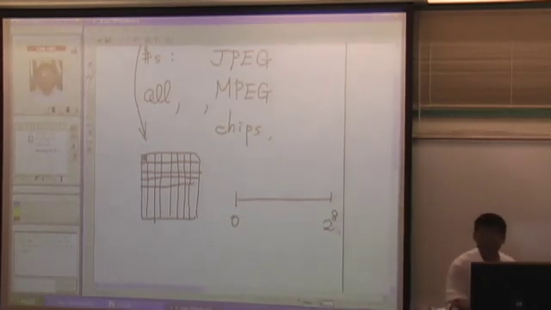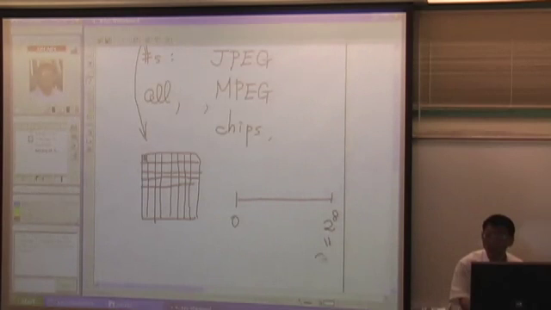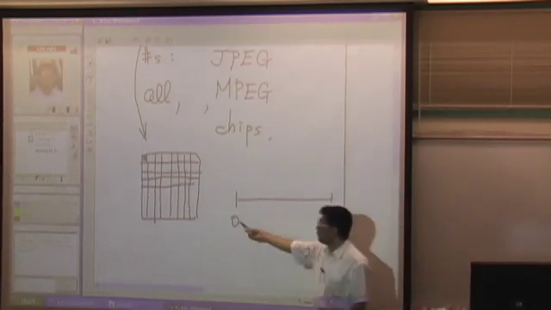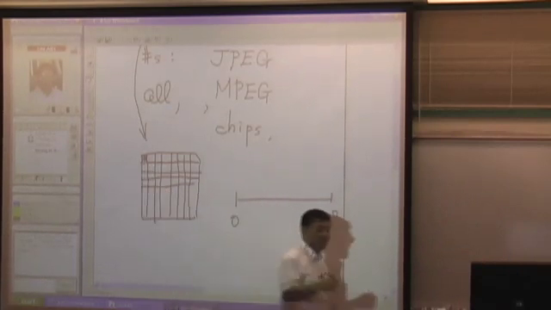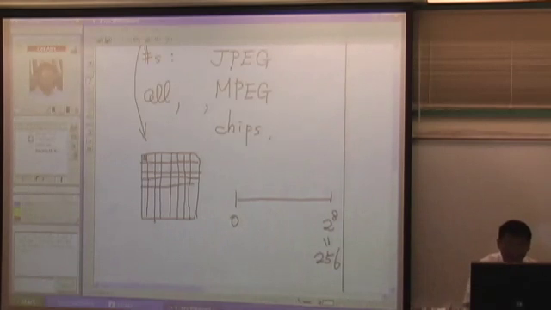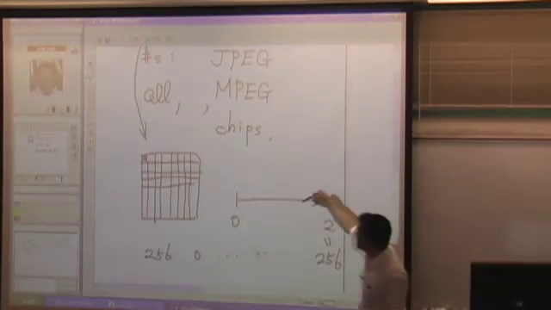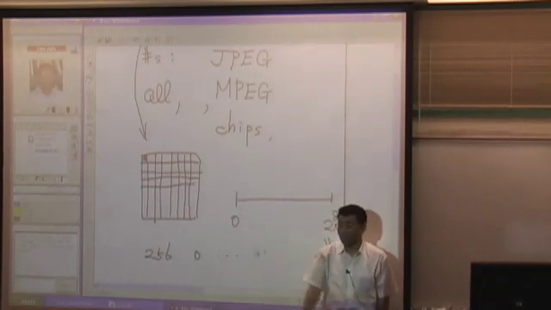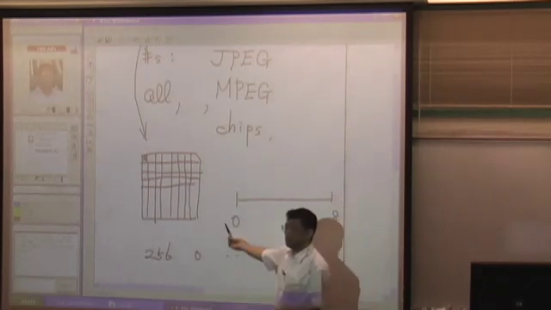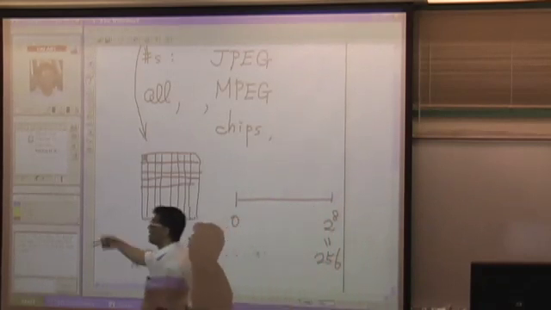2 to the power of 8 is what? 256, right? Then with this scale, we can represent the depths. So for instance, a very bright color is 256, very dark is 0, and so on, right? We create these kinds of numbers, and then we convert these things. Then, what is the relation between these things and primes?